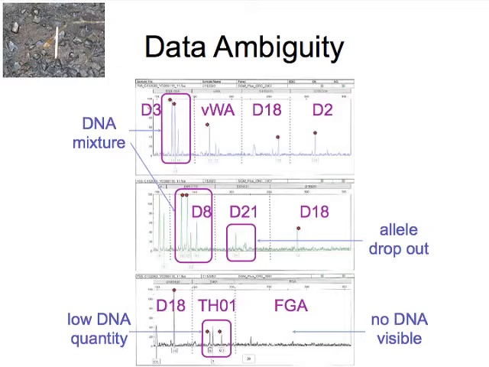Here, no DNA is visible, and at this locus, D21, we're seeing that there are peaks that are expected to be there for some reason. Someone might hypothesize that they would have dropped out. So these are all well-known phenomena in the laboratory of dropout. It doesn't amplify, it's very low, or it's a mixture.